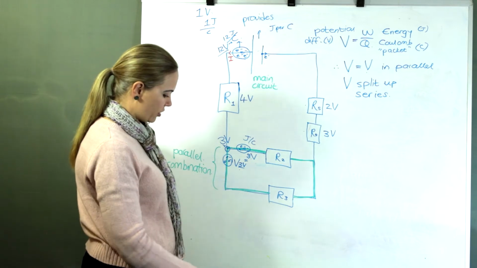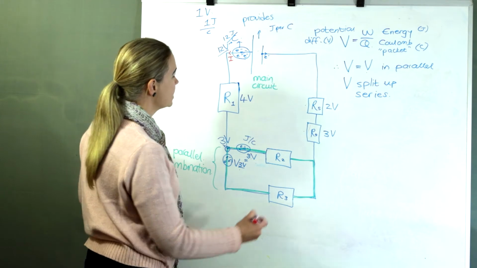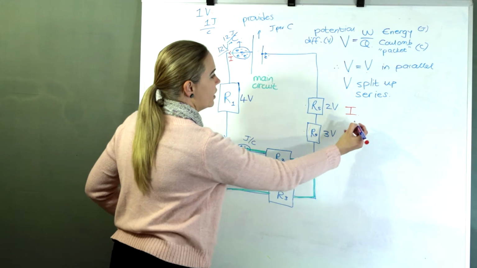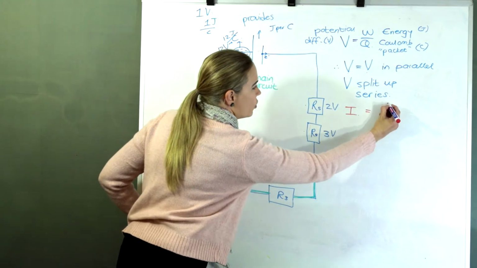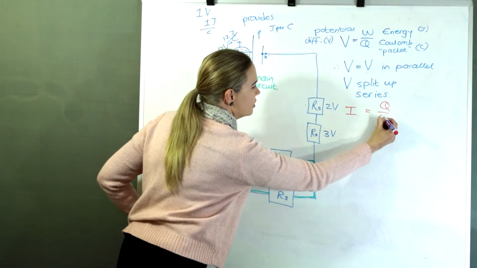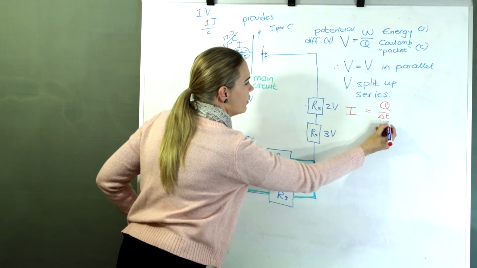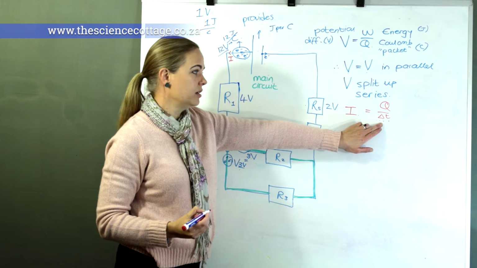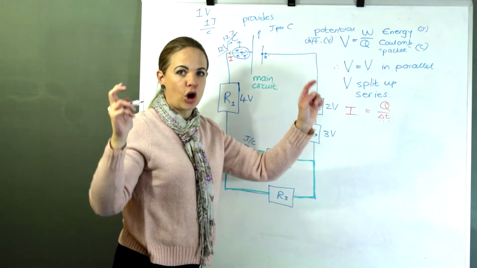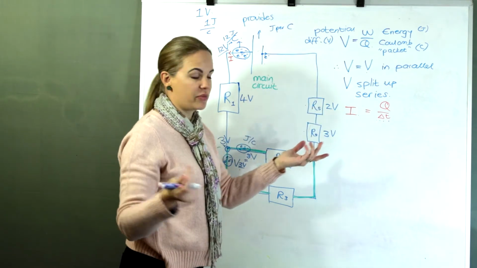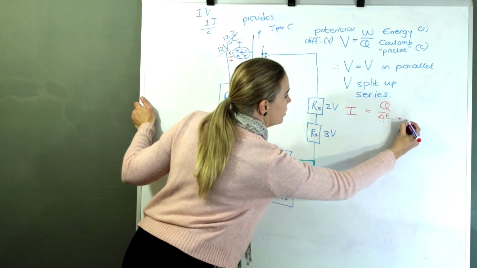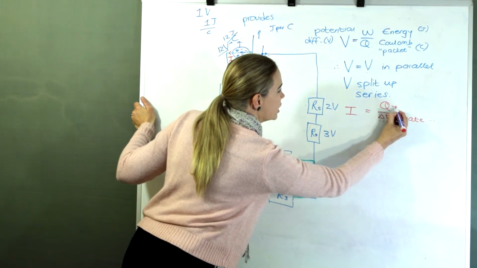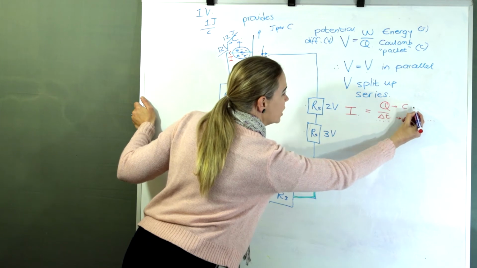All right, so the next thing that we'll look at is the current. An equation for current looks like this. Every time that time is below the dividing line, it means rate of, how fast something is happening. And we've seen that Q is the charge in Coulomb.